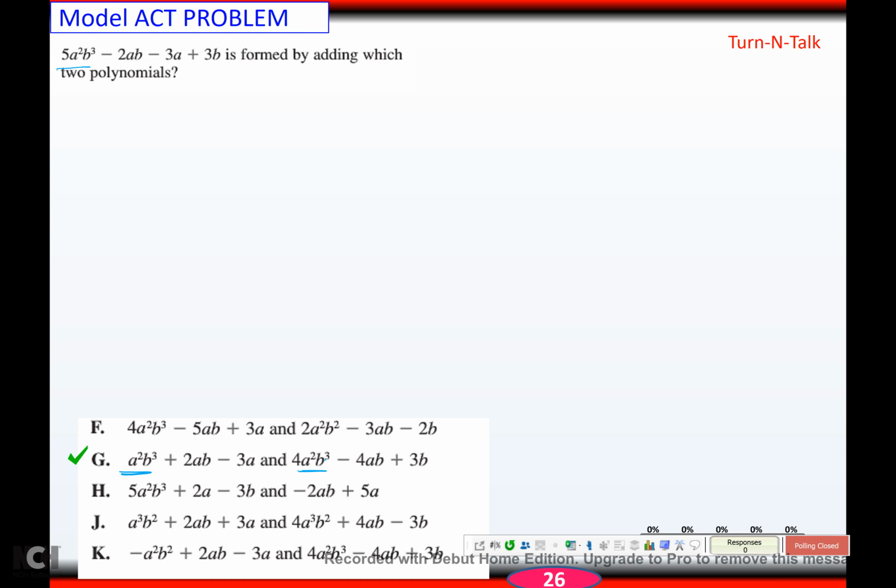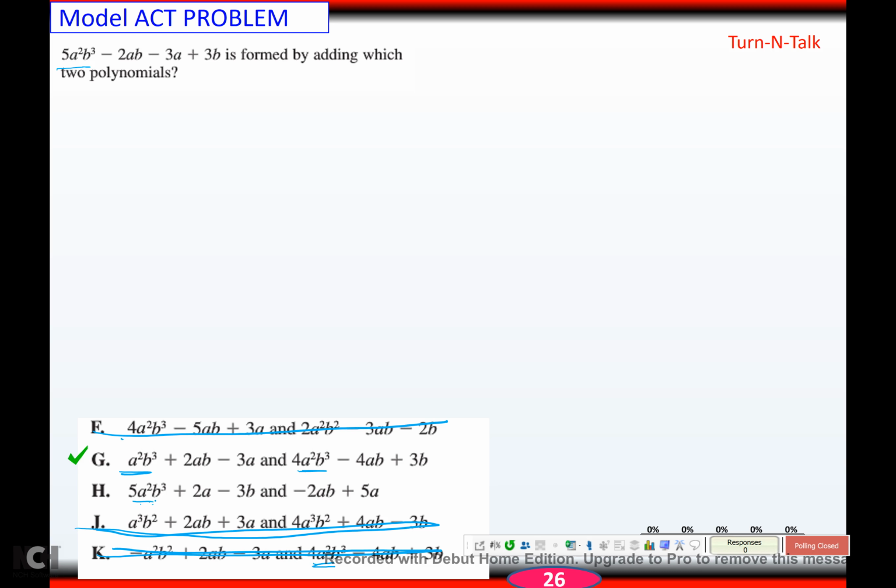That would work. See how this a squared b cubed there isn't even another a squared b cubed, so he's out. A squared b cubed, this one would work. It has 5a squared b cubed. This one's out. There's no a squared b cubed. And then there's an a squared b cubed, but that's not 5 of them, so that one's out. So it's between these two.